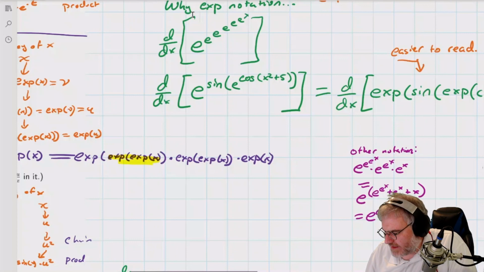So if you did that, hooray for you. But if you wrote it like that, I won't be able to read it. I'll have no idea what you're talking about. This would be exp of exp of exp of x plus x plus x. And I would hate you.